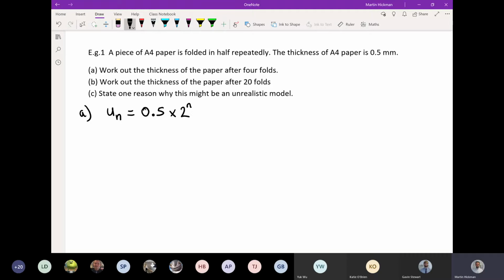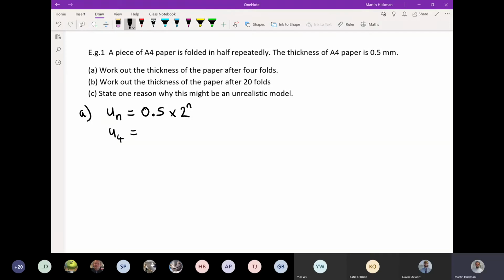So it's up to you whether you want to use what we've done before or just apply a bit of logic here, in that each time you fold it, you're going to double the length, so you can just use n as the number of folds. Or if you want to keep it consistent with terms in the sequence, you could start the first term as u0 rather than u1, and then u1 is the first fold, u2 is after the second fold, and so on.